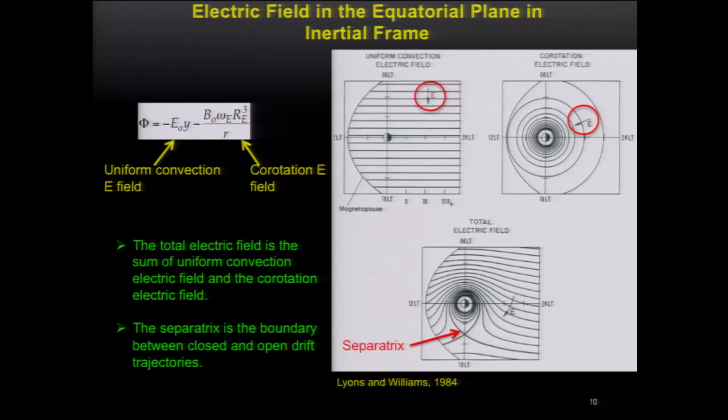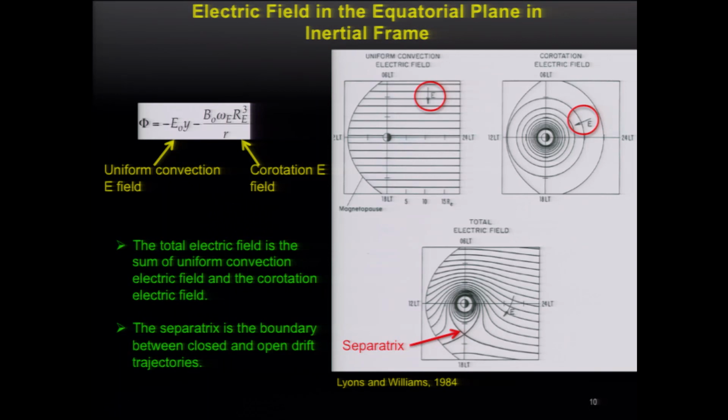Now, in the equatorial plane of the magnetosphere, the simplest electric field configuration is the sum of the convection electric field, that's from the dawn to the dusk, and the co-rotation electric field pointing earthward. The total electric field, or the equipotentials, are shown here. This line is called the separatrix.